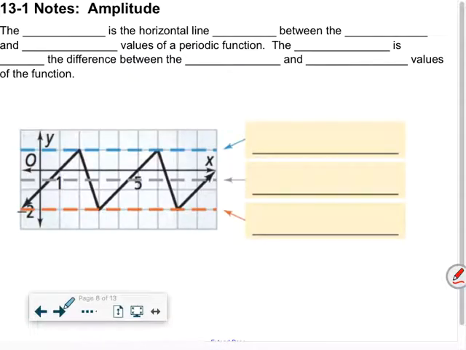All right, go ahead and flip the page for me. And we've got some more vocabulary to fill in.